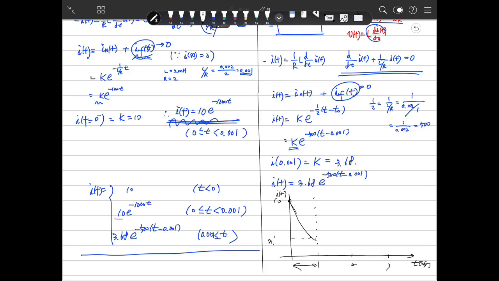There will be 3.68 because current is not changed instantly, so it will be reduced this way, following 10 exponential minus 1000 t, and then exponential minus 500 times (t minus 0.001). So this is a complete solution in the case of 2 switches in 1 second. So this is the way how to solve the sequential circuits.